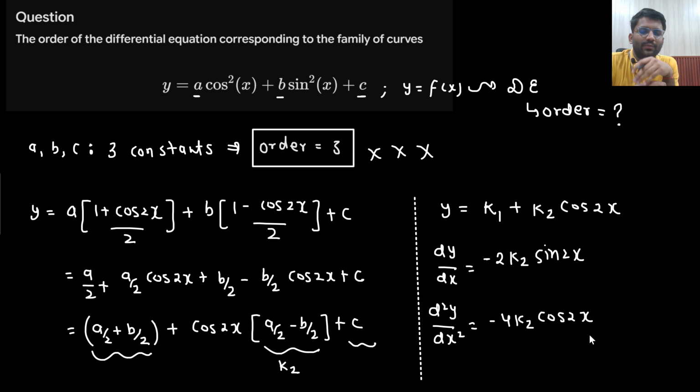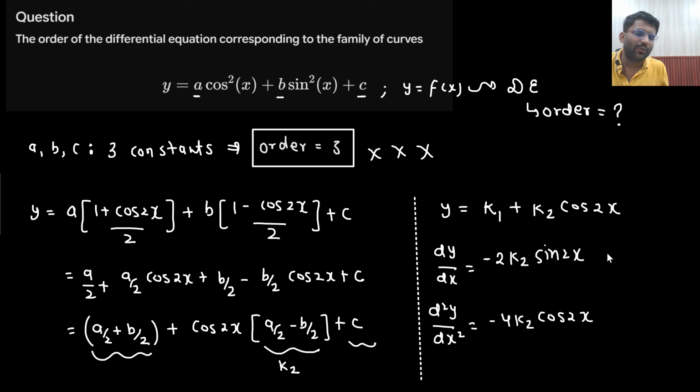So what can we do now? Y minus k1 I can replace k2 cos 2x, which would be y minus k1. And then how will I get rid of k1?